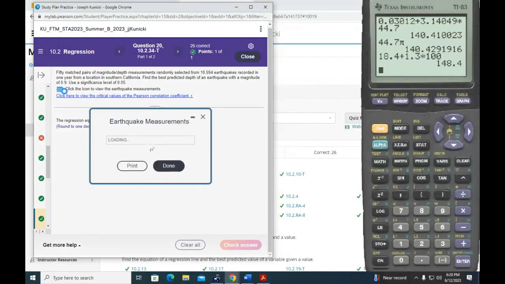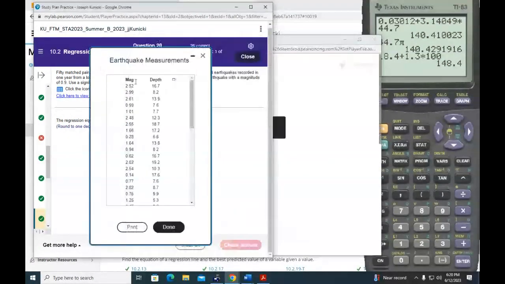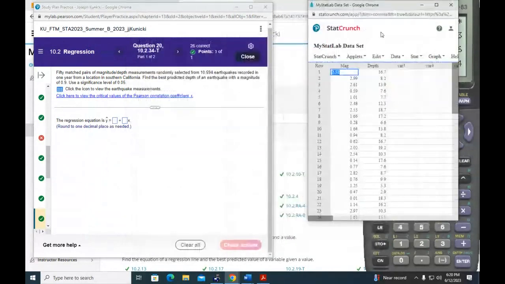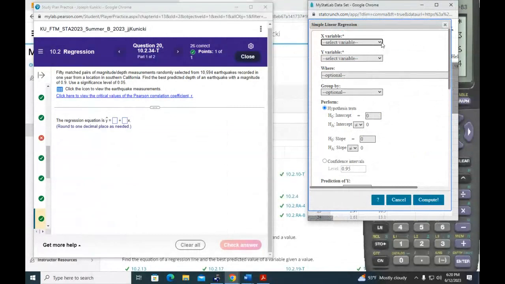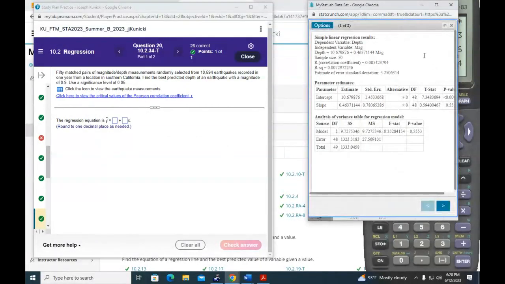So here are the measurements. Then Stat, Regression, Simple Linear. Magnitude is the predictor, depth is the predicted.